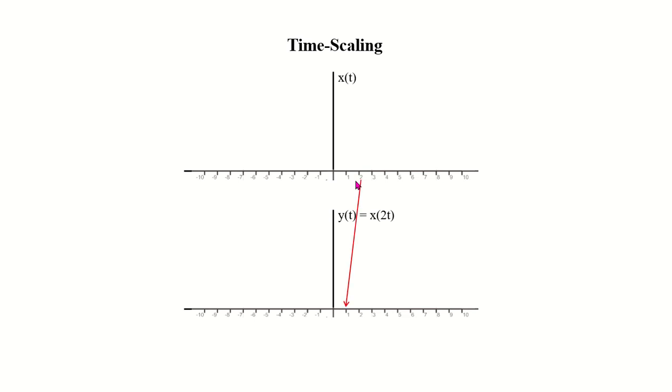For example, the point t equal to 2 in x(t) will go to t equal to 1 for y(t). And likewise, t equal to 4 on x(t) will represent the point t equal to 2 on y(t). So this is what happens when we time scale a signal with a scaling factor greater than 1.